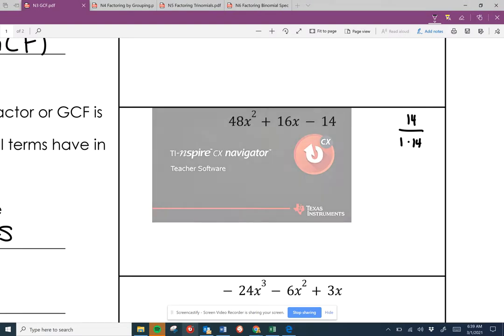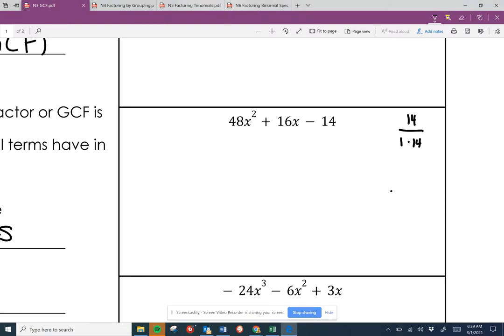Okay, we then are going to look at the next factor, which is 2 and 7, right? So all of these do divide by 2, but they're not all going to divide by 7. And there are no other factors of 14. So that means we're going to have to use 2.